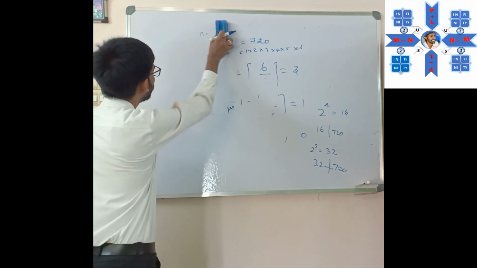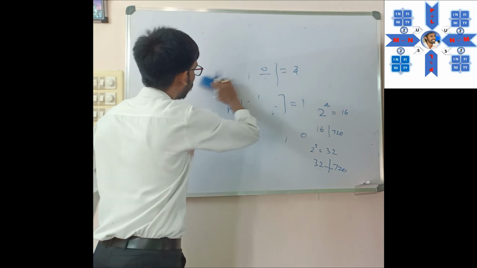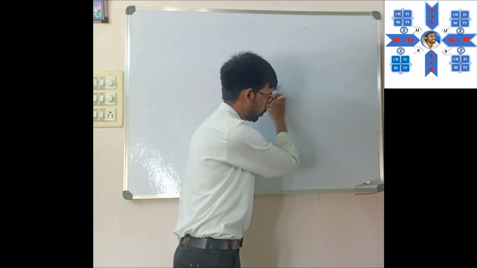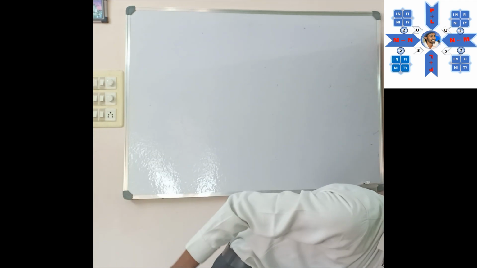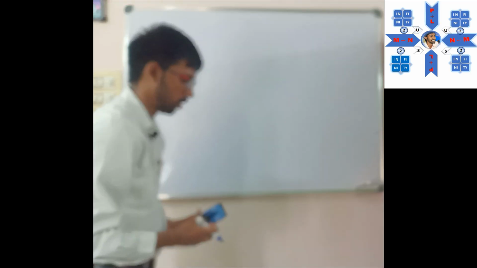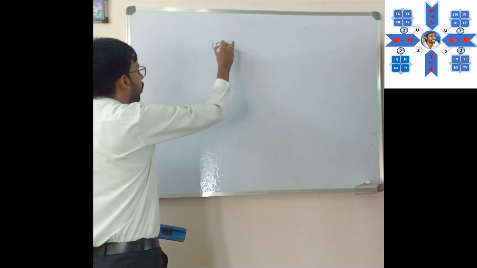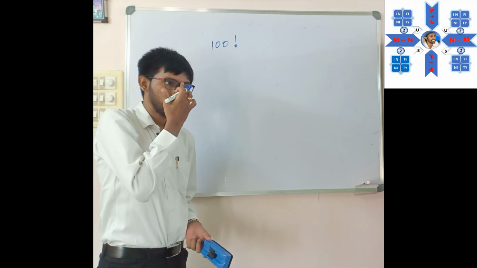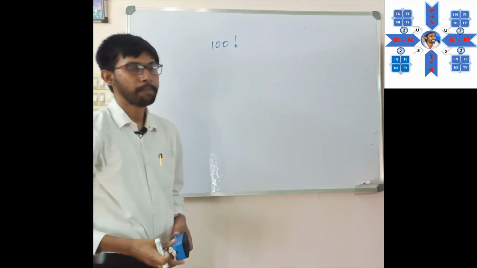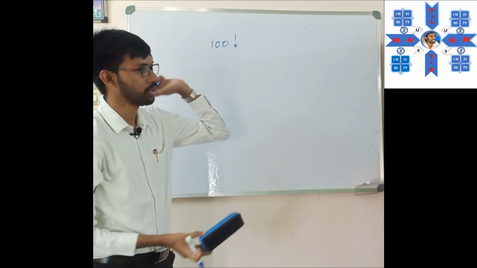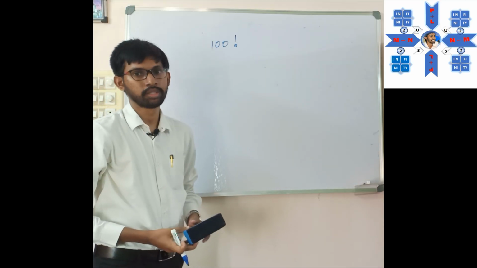Finally, let me conclude by solving one more important problem and wind up this session. If 100 factorial is expressed completely, just as for 6 factorial we get 720, similarly 100 factorial is evaluated and expressed.